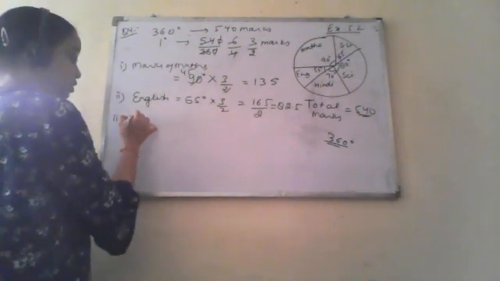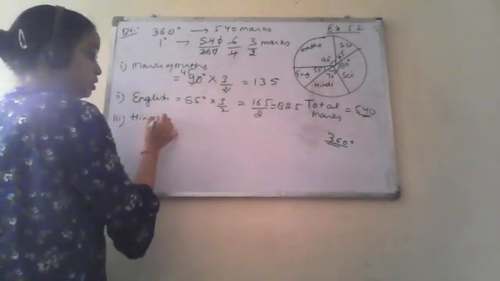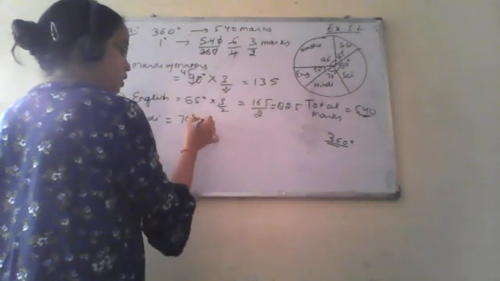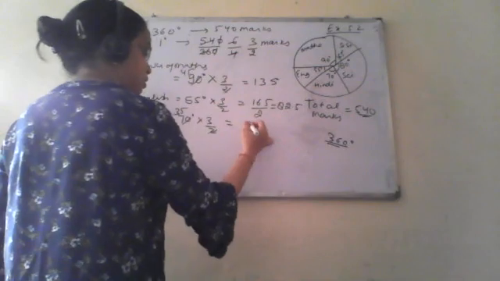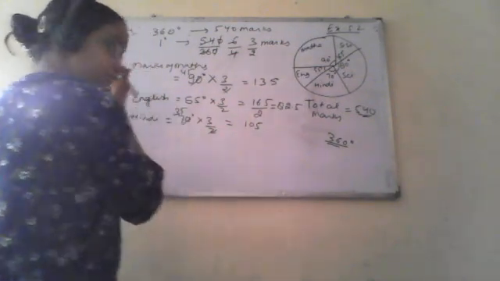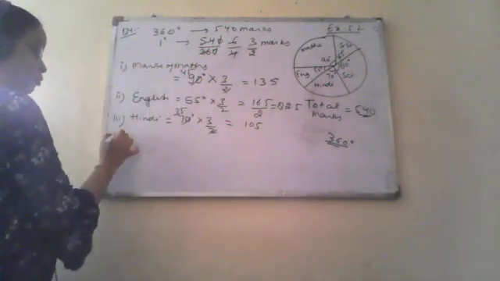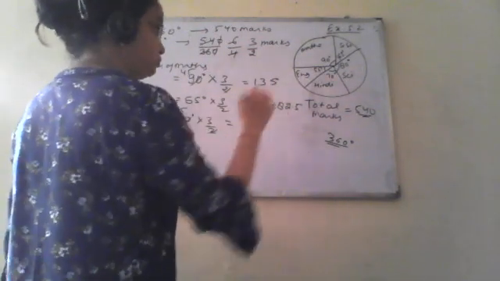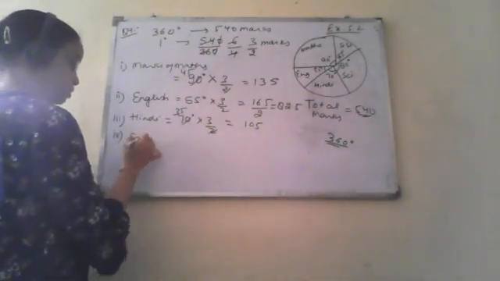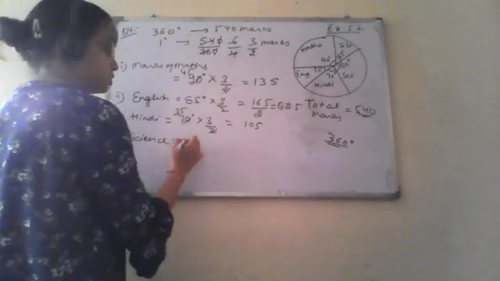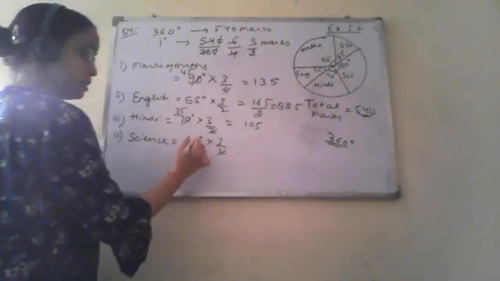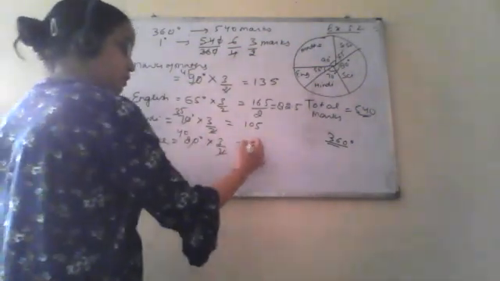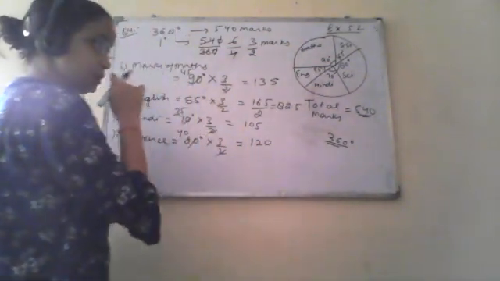Similarly, Hindi, 70 degree into 3 by 2, it is 105 marks, okay. For science, this is 80 degree. Again we will multiply by 3 by 2. It comes out to be 120 marks.